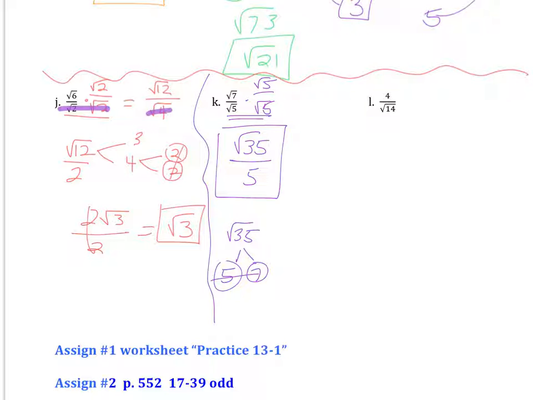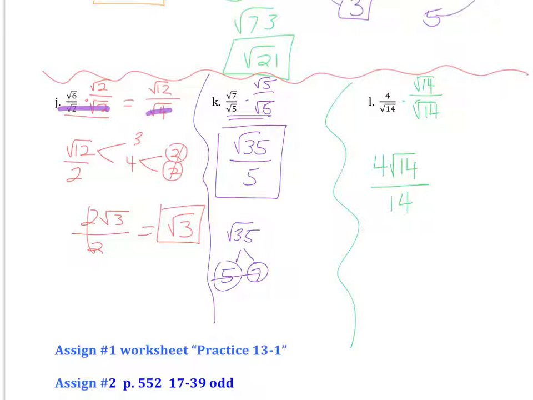Alright, last one here. Rationalizing this last one. So again, I'm going to take that square root of 14 on the bottom, and I'm going to do the square root of 14 on the top. So on the top I get 4 times the square root of 14, and then on the bottom I just get 14.